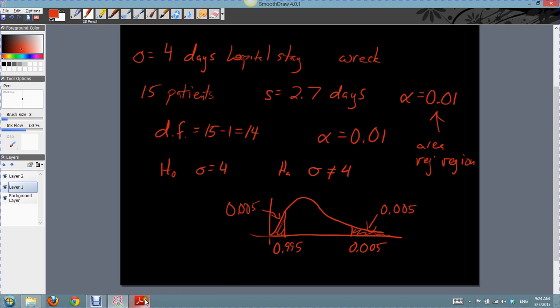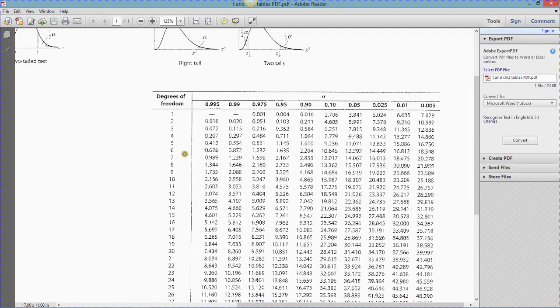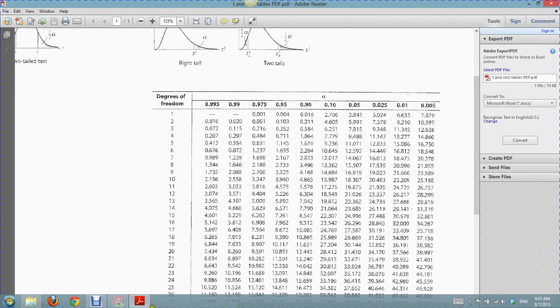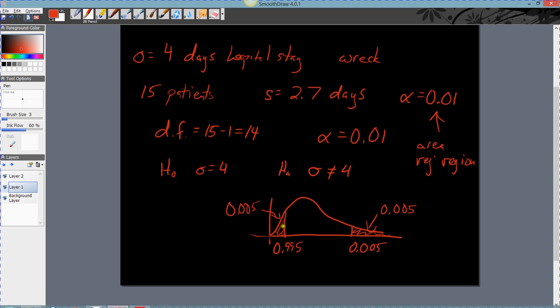Alright, let's grab this table. So for alpha 0.995 with 14 degrees of freedom, chi-squared is 4.075. So for this one, let me change colors. Everything's the same. So here, chi-squared is 4.075.